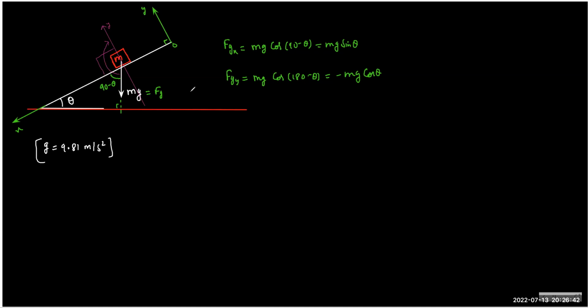Yes, sir. And minus is saying something, that it is opposite to the y-axis. So the value is this much in the direction exactly opposite to y, which means this will have a component of value mg cos theta in this direction. Understood?